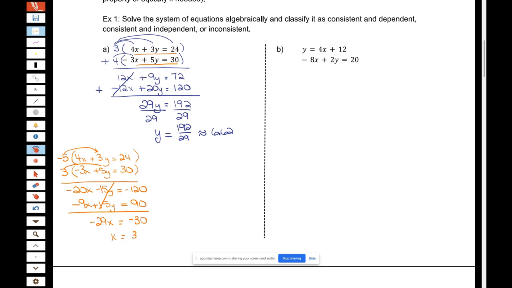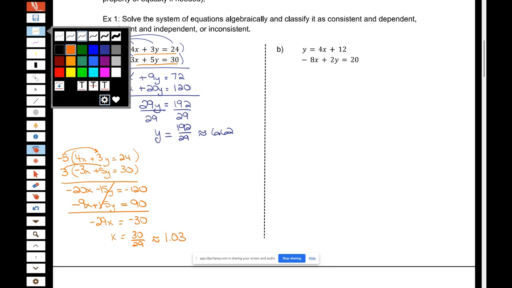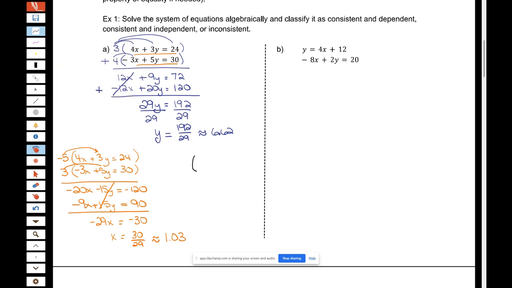So x is 30 over 29, which is approximately 1.03. Okay, so I have my solution for this one. I have 30 over 29 for x, 192 over 29 for y, or 1.03, 6.62 approximately.